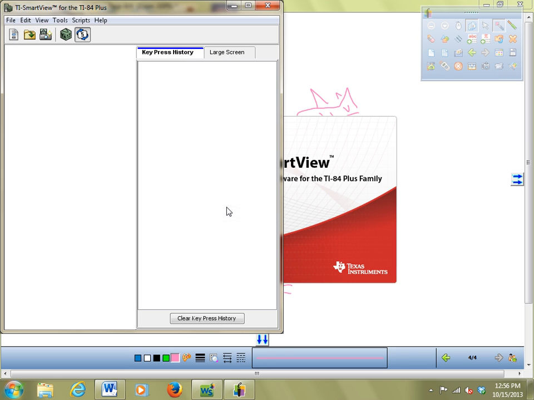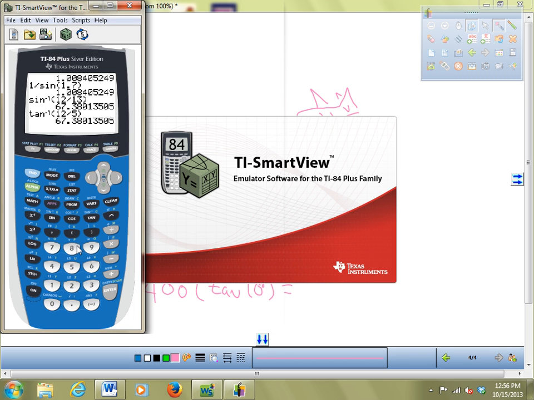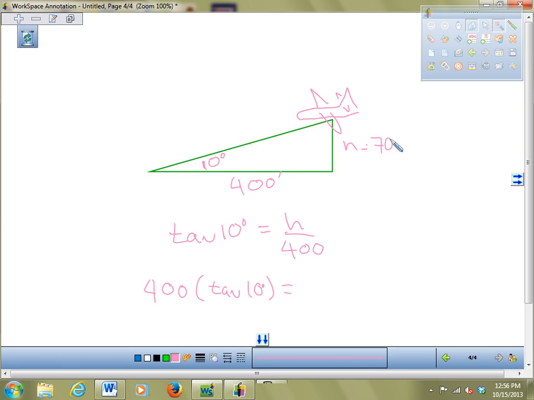So here we go. 400 times tangent of 10, and I get out that airplane is 70 feet high, and everyone's going to die. But 70 feet, not 70 degrees. Okay? So he's 70 feet. That's not very high.